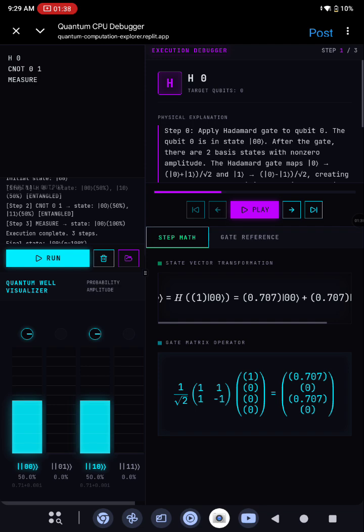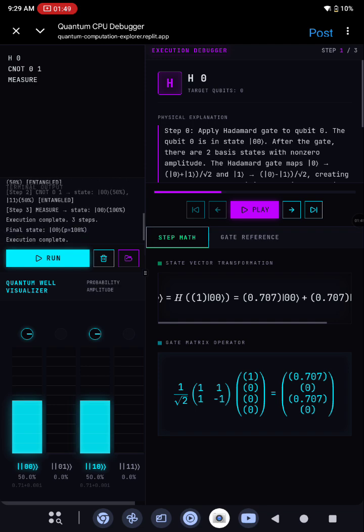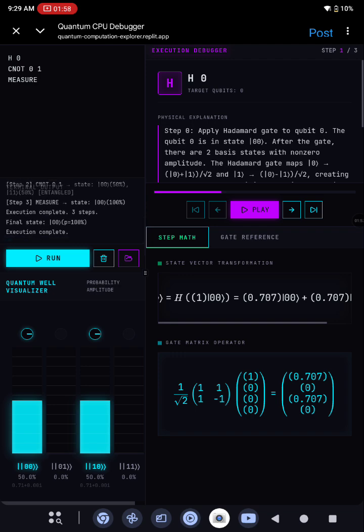Step 2, CX 0 1: state 00 at 50%, entangled with 11 at 50%. Step 3 will be the measure, that collapse, taking the state 00 at 100%. Execution complete in 3 steps.